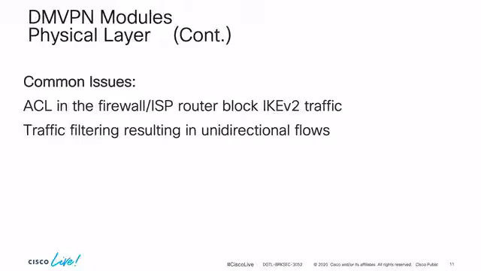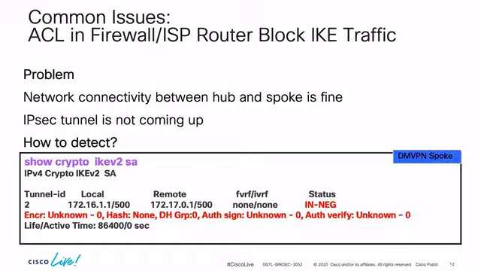So let's take a look at the first common issue. How do you troubleshoot in case there is a firewall or your ISP router which is blocking the IKE traffic? In this particular case, when you use ping to test end-to-end connectivity, you see that it is working just fine. It's just that the IPsec tunnel is not coming up.